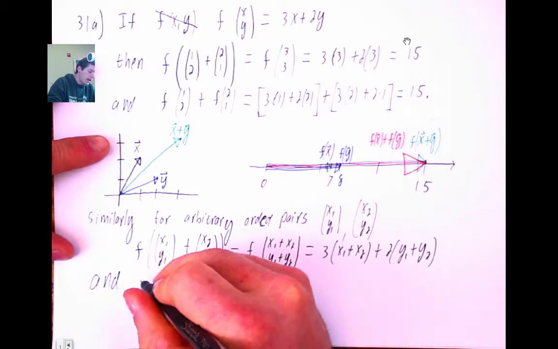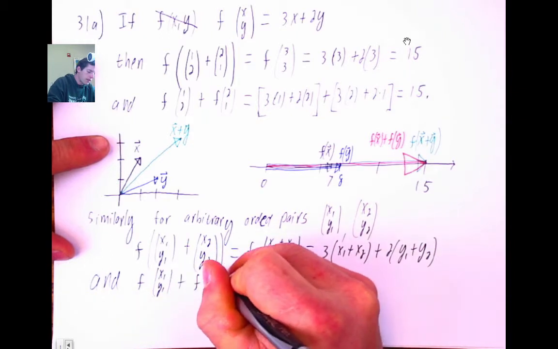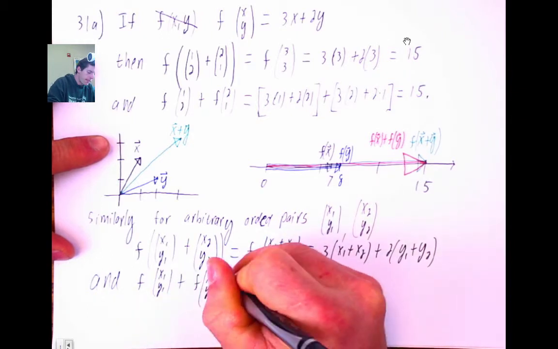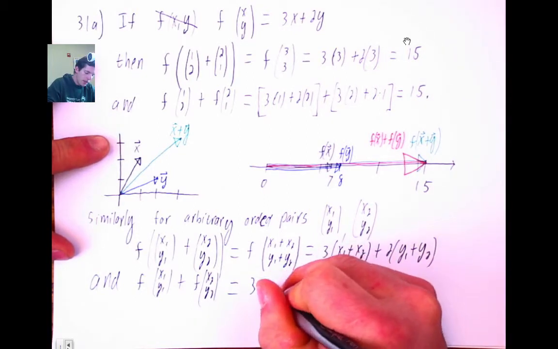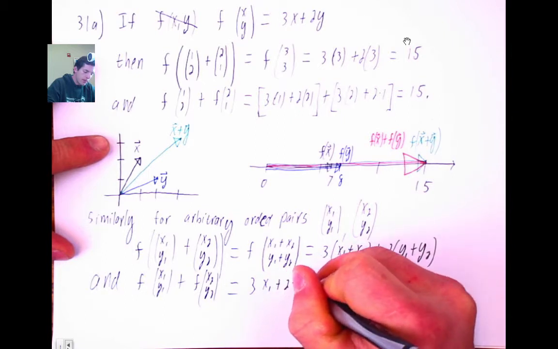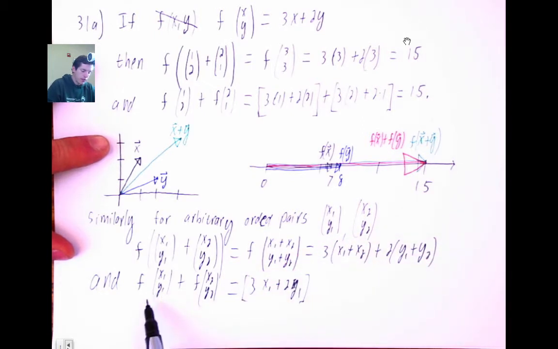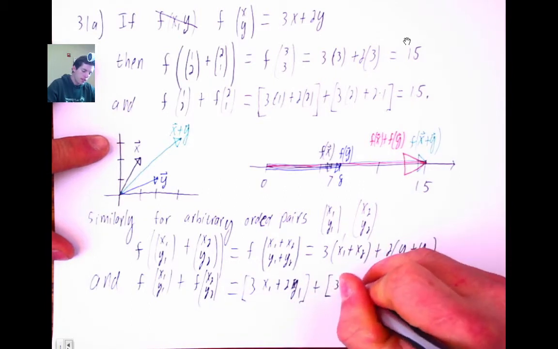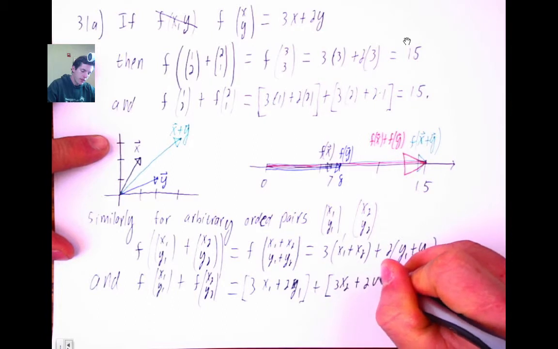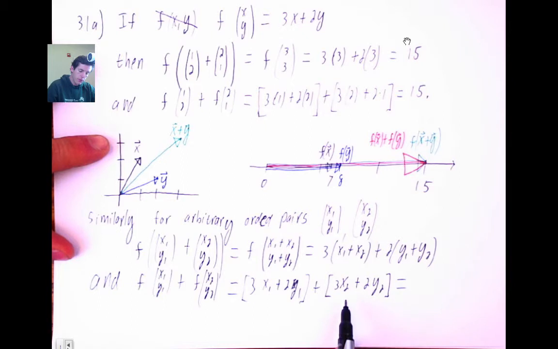And f of x1, y1 plus f of x2, y2, well, that'll be 3 times x1 plus 2 times y1, right? I'll put parentheses in there to make me think, yeah, I'm just looking at this first term, and then this term over here is 3 times x2 plus 2 times y2. And of course, I can collect like terms, the terms that both have 3's in them.